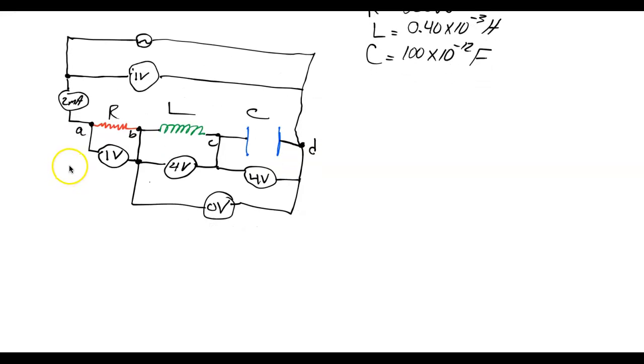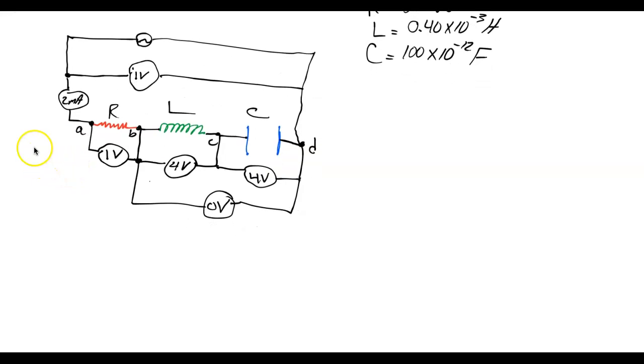So we have this RLC series circuit, and we're asked in part A to find the resonant frequency. Remember, the resonant frequency f naught would equal omega naught over 2 pi. So we need to find omega naught first.